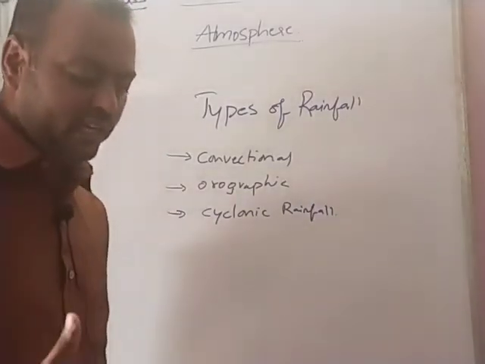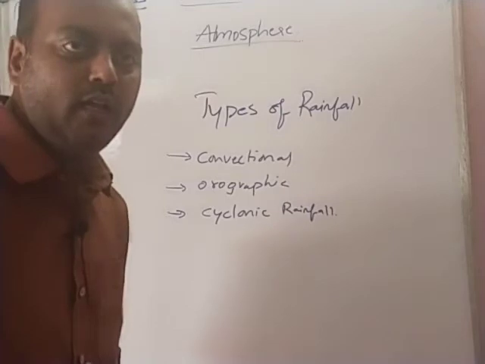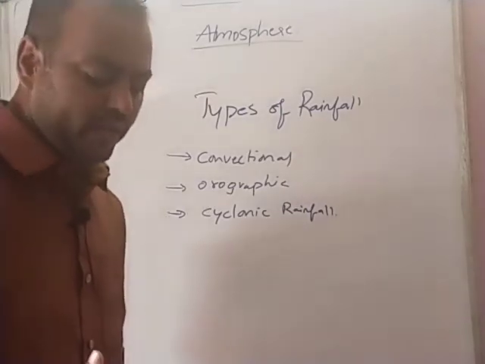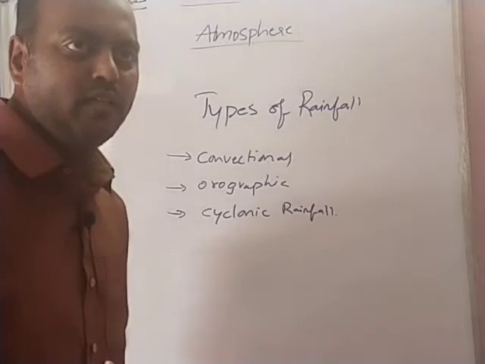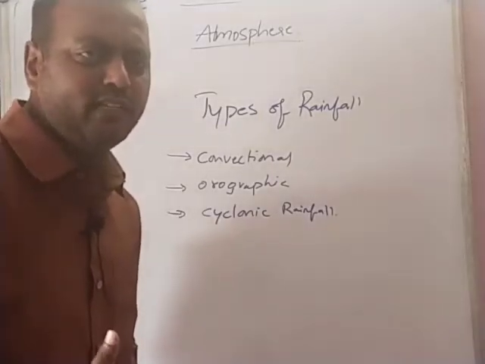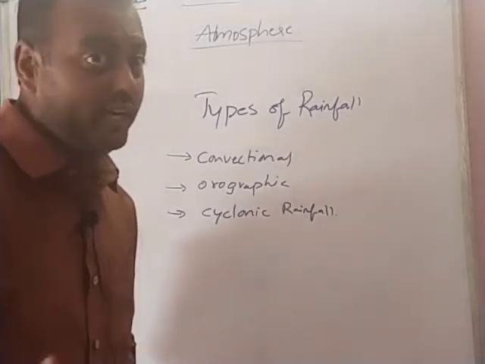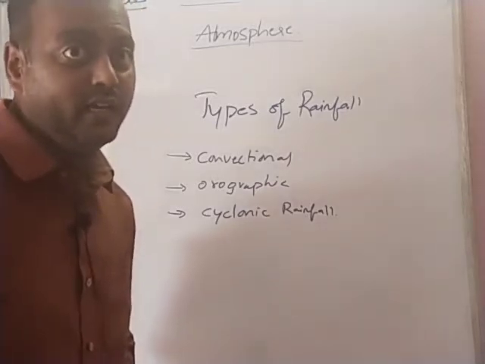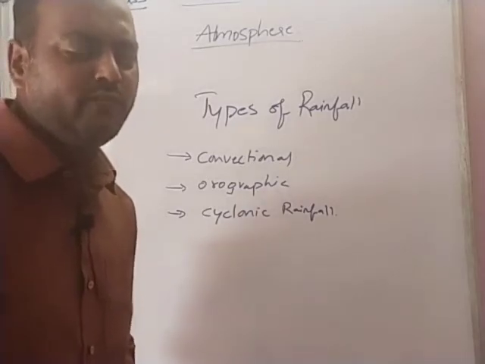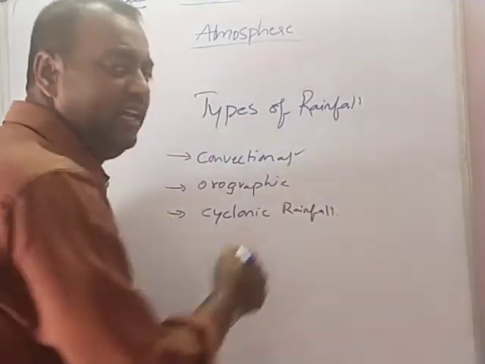Convectional rainfall is very common in the low latitudes, especially in equatorial and tropical regions, and it is also very common on hot summer days. In the interior parts of the continent, when it is hot in the morning, there will be very heavy rainfall in the evening, as we experience during the summer season. Such rainfall is called convectional rainfall.